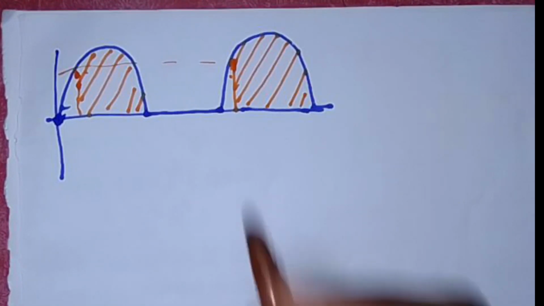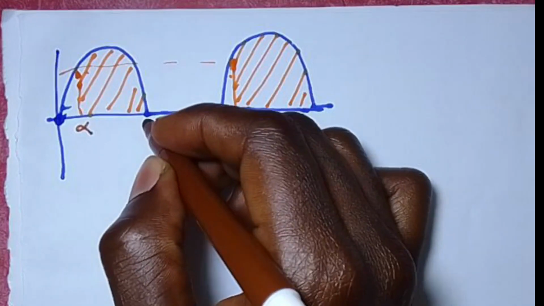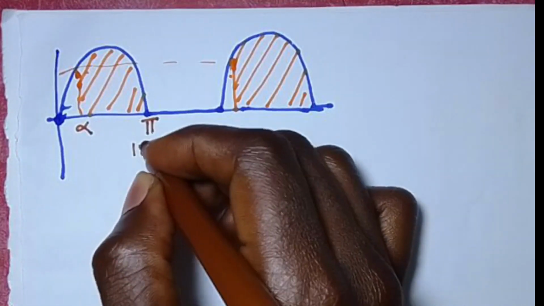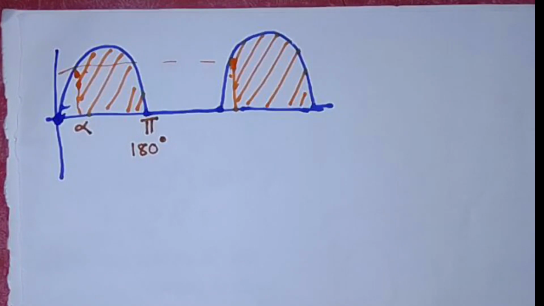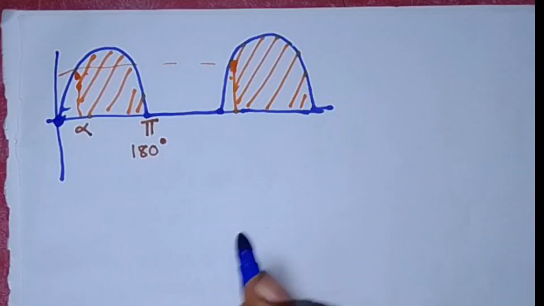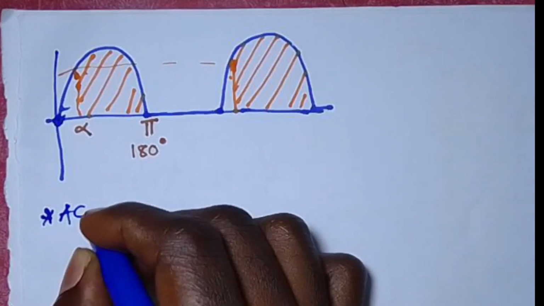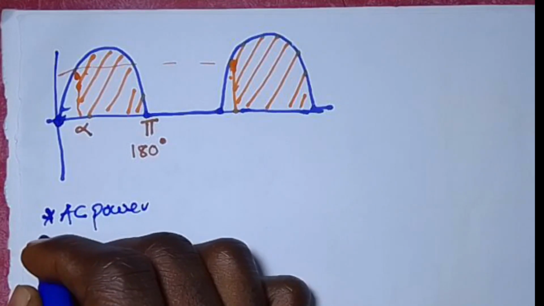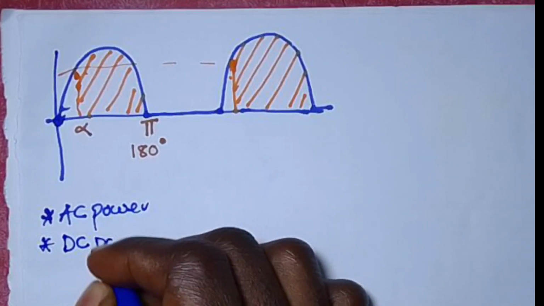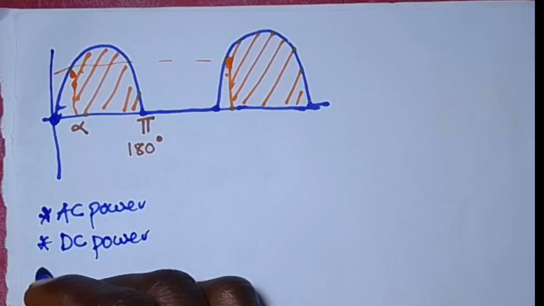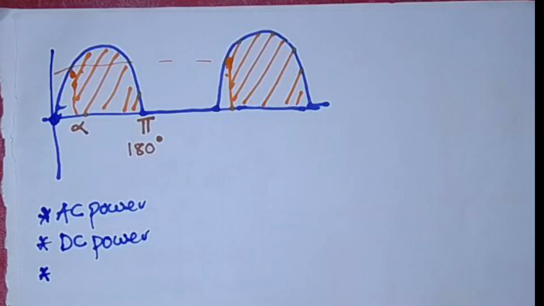And we said that if this is our firing angle and this is our angle pi, which is also represented as 180 degrees, we know that... last time, as I was introducing diodes, I talked about the reason why we do these calculations, which is mostly to calculate the AC power, the DC power, and the average values of current and voltage.